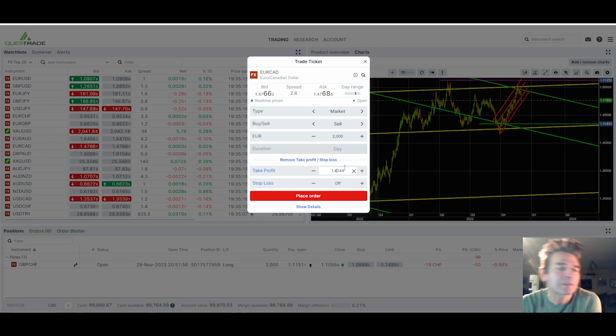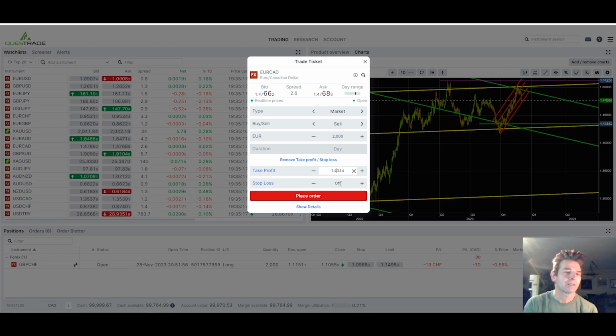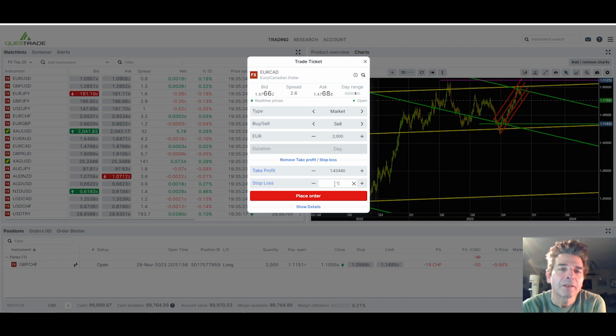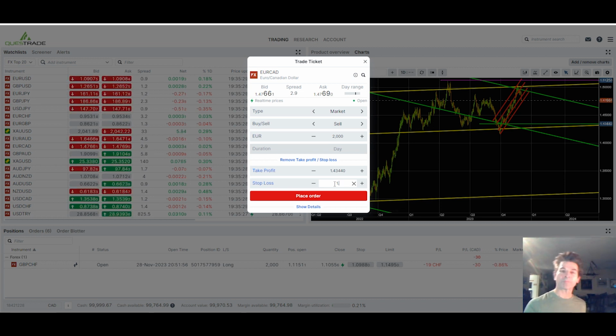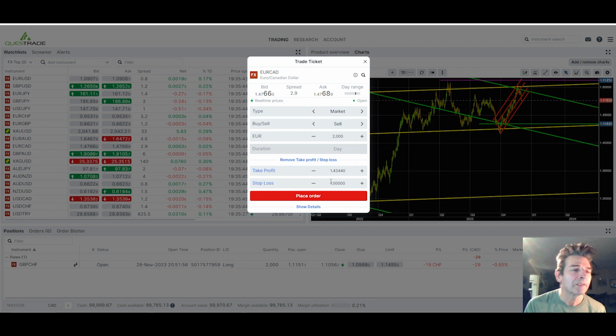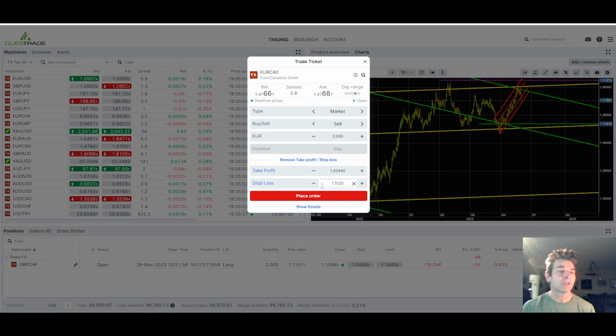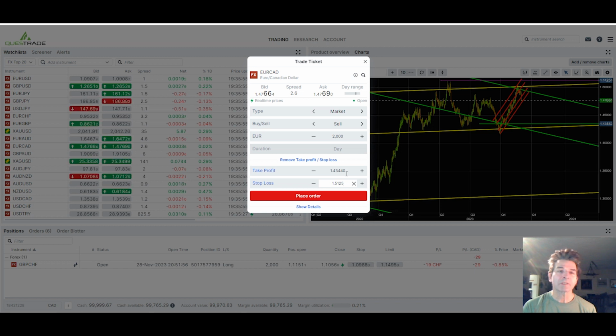Or is that a 6? I think it's a 1 point. Hold on a second. Let me just confirm that. Okay. Stop loss is 1.5125. There we go. Sell market.